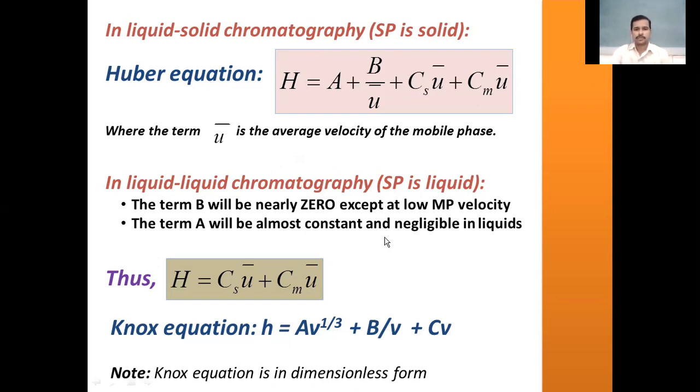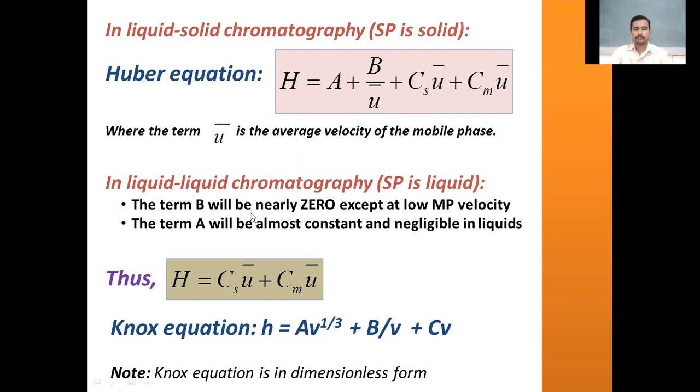So, since there are no solid particles present in the chromatographic column as a stationary phase, A term will be almost constant or negligible in liquids, because packing inconsistency will not be seen. There is no improper particle size seen if the stationary phase we are using is liquid. So A term will be almost constant or negligible in liquids.